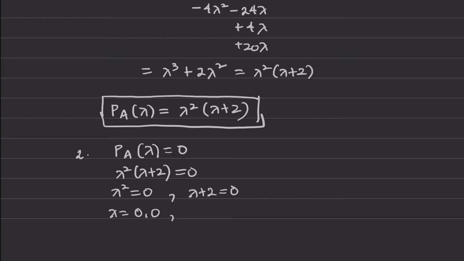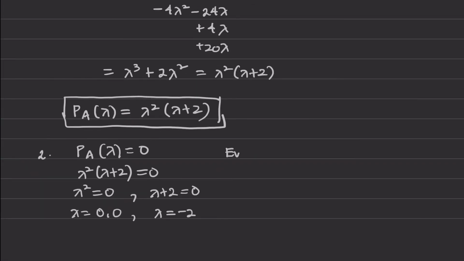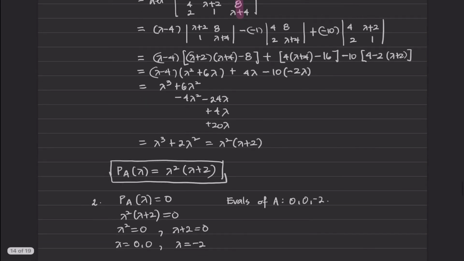Kinakount mo yung multiplicities kaya dalawang 0 yung sinulat ko. And then, lambda is negative 2. So, yung eigenvalues of A are 0, 0, negative 2. So, kung ano yung size ni A, kung ano yung n, yun din yung dami ng eigenvalues. So, kung 3 by 3 yung A mo, dapat 3 rin yung eigenvalues.